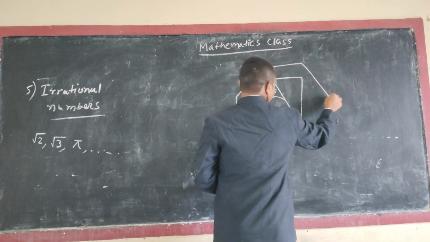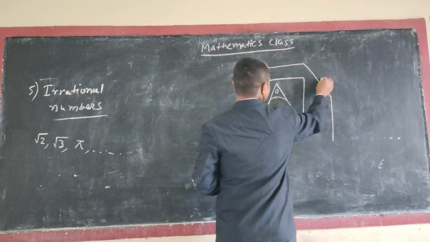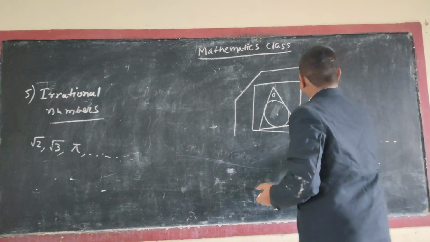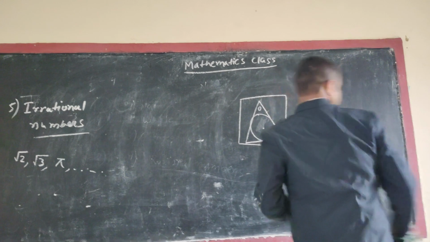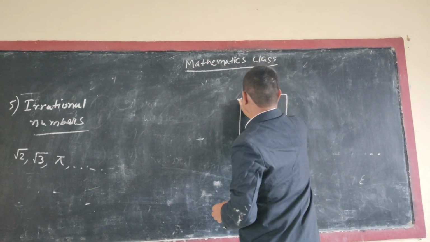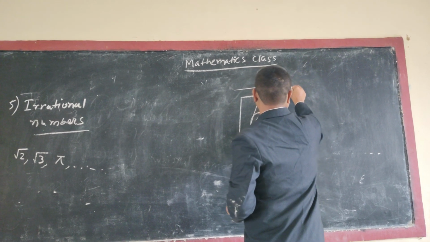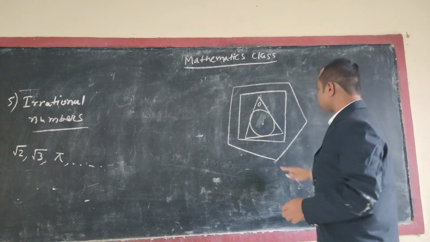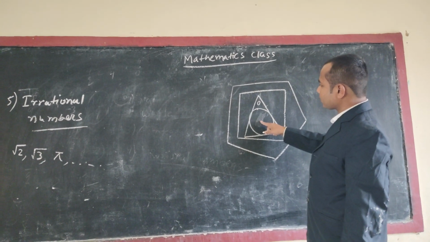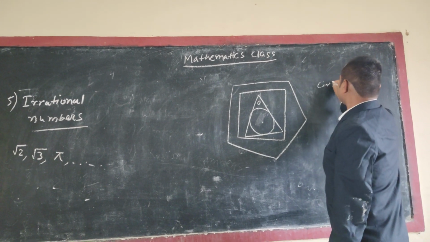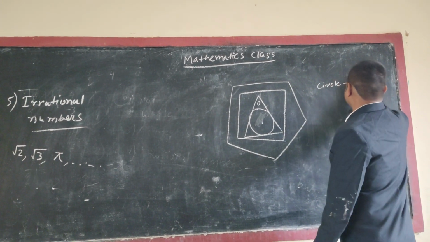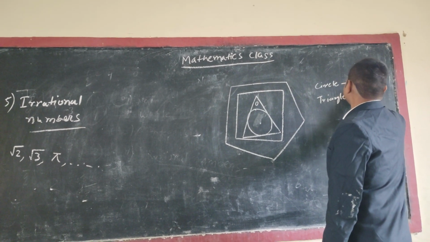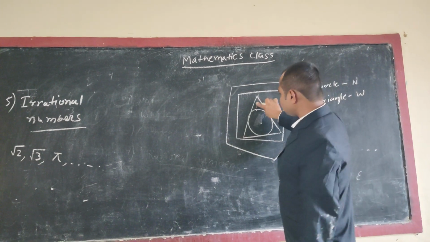One, two, three, four, five. The circle represents the set of natural numbers. The triangle represents the set of whole numbers.